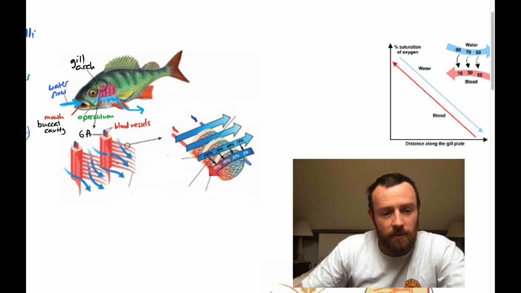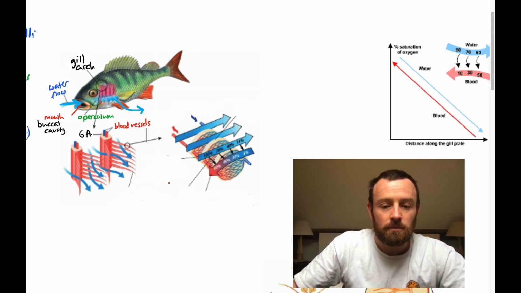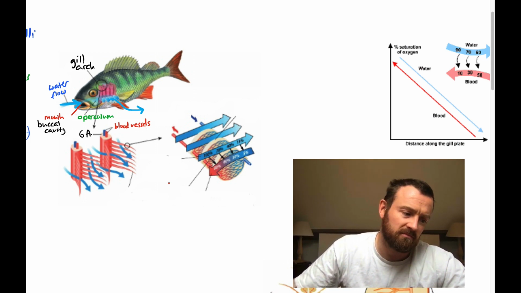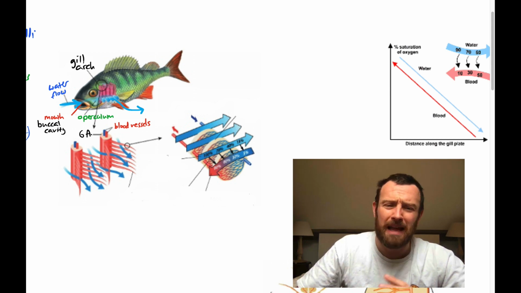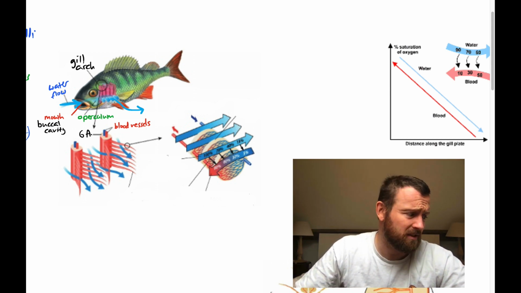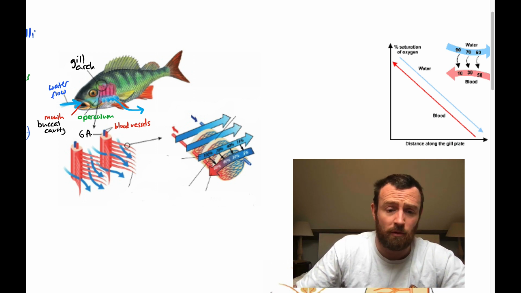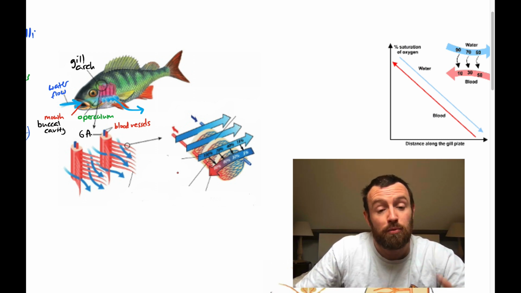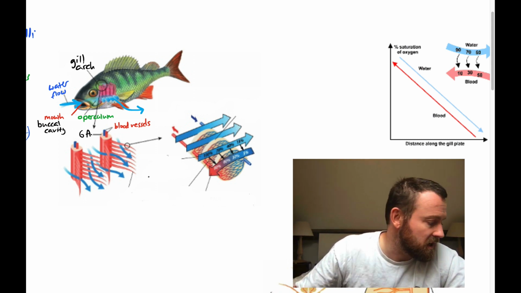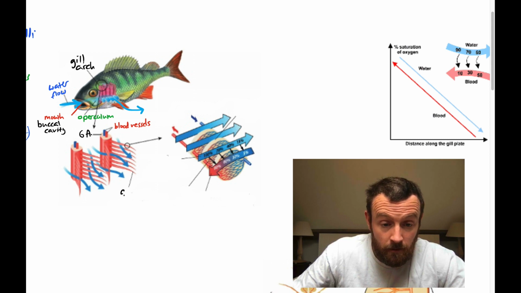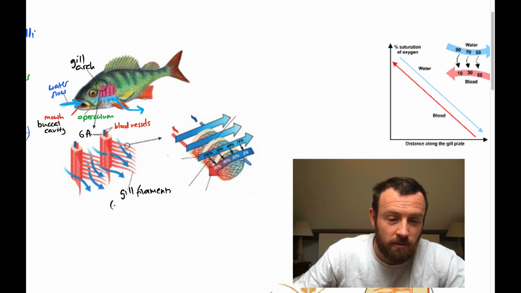Now, the gills have got a system of lamellae, which basically means layers or plates. I don't really know what the definition for lamellae is, Google it, but we call them lamellae. We have primary lamellae and secondary lamellae. So these are the gill filaments, which are sometimes called the primary lamellae.